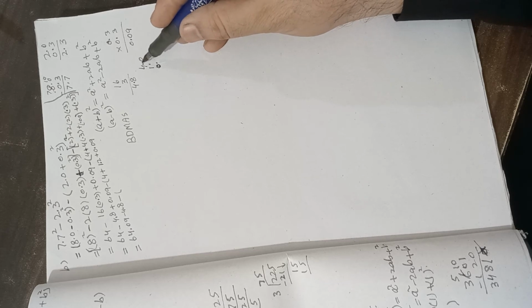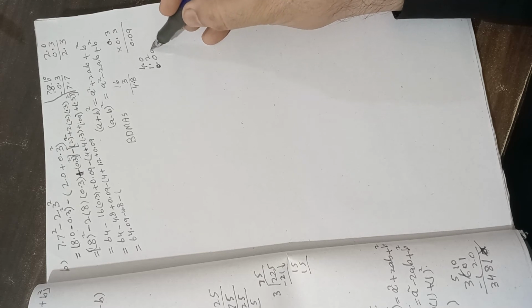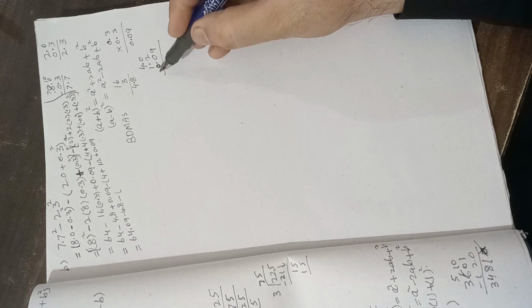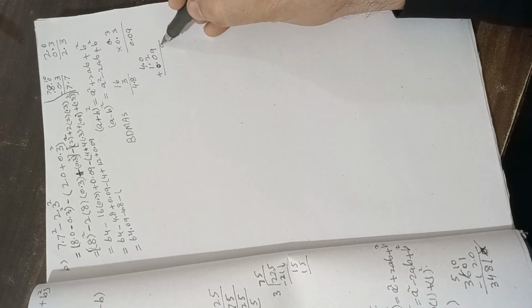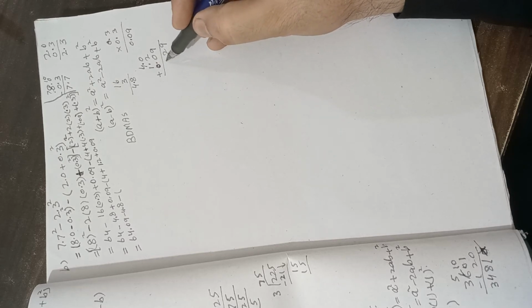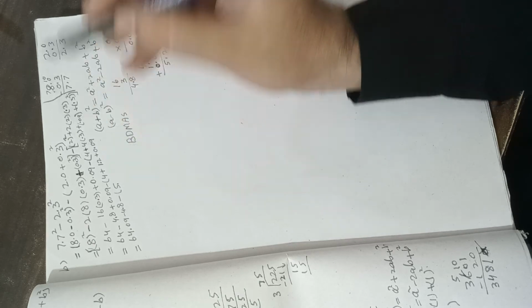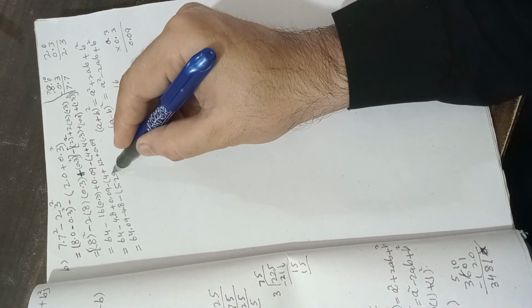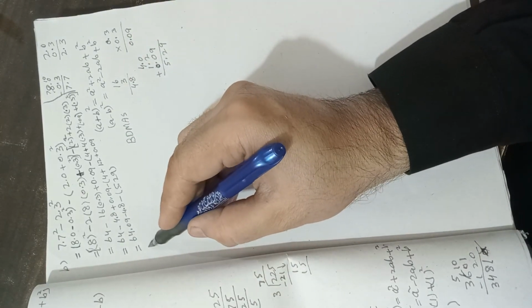Point should be vertically below each other of every term. Now add these because all of them carry same sign. Then 9 here, then 2 here, then 4 and 1 is 5 here, and point is here. This is the answer of this whole term, 5.29. Now you can open the bracket.